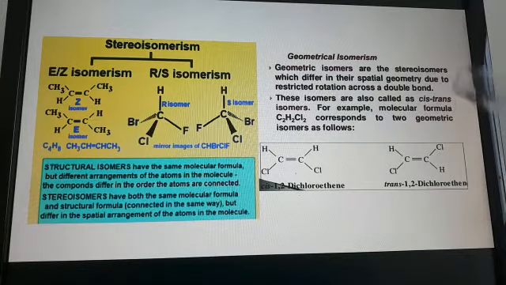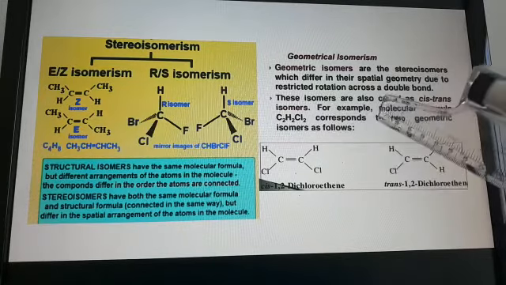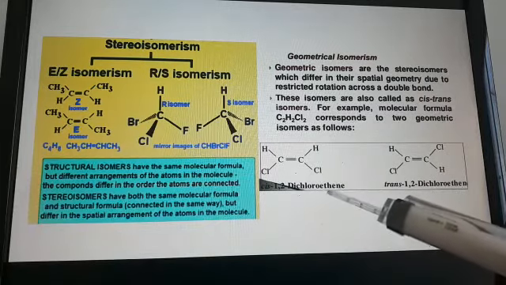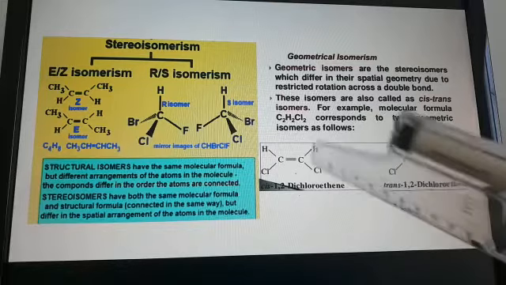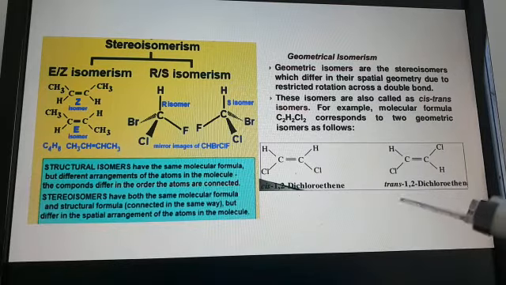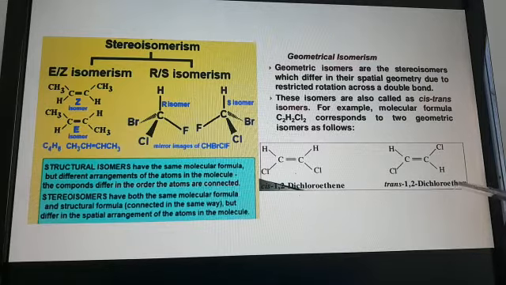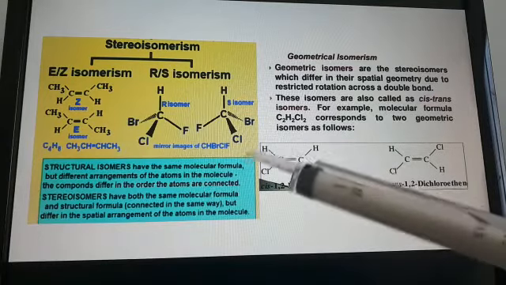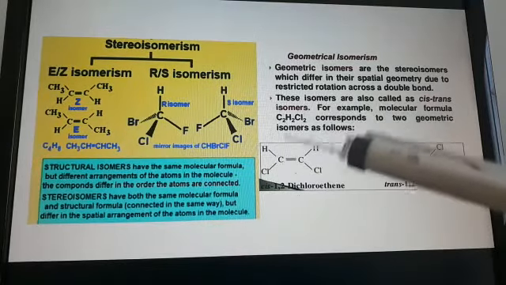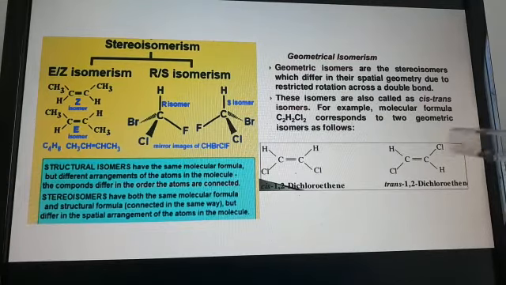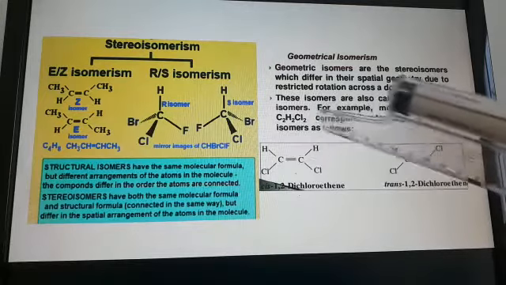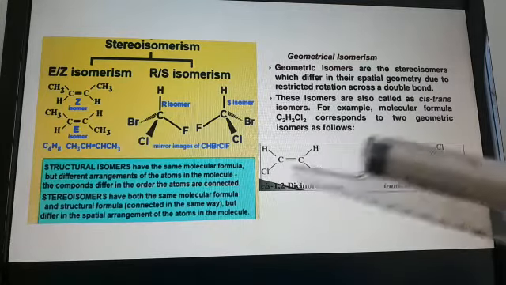For example, the molecular formula C2H2Cl2 corresponds to two geometric isomers, 1,2-dichloroethene: here this is the cis isomer, and this is the trans isomer. You see, the number of atoms is the same, but in the cis isomer the hydrogens are on the same side of the double bond and the chlorines are on the same side, but in the trans isomer the chlorines are on opposite sides of the double bond.